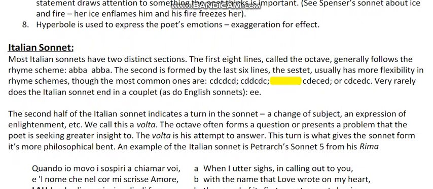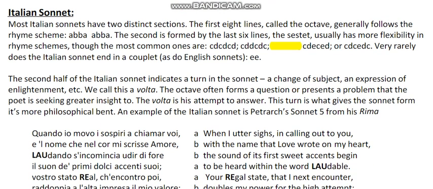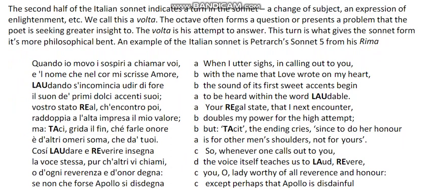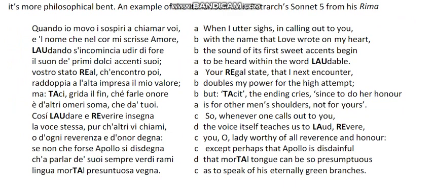An example of the Italian sonnet is Petrarch's sonnet 5 from his Rime, which has been mentioned below. Now you can look at that. This is the sonnet configuration: ABBA, ABBA, CD, CC, DC.